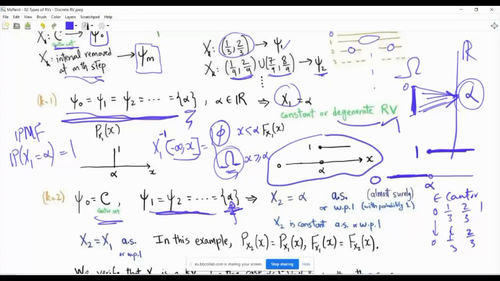In our case here, we are using an uncountably infinite number of points, right? Because every number not in the Cantor set is mapped to alpha, but every number in the Cantor set, which is uncountably infinite, is mapped to itself. So we are actually mapping to an uncountably infinite subset of the set of real numbers.